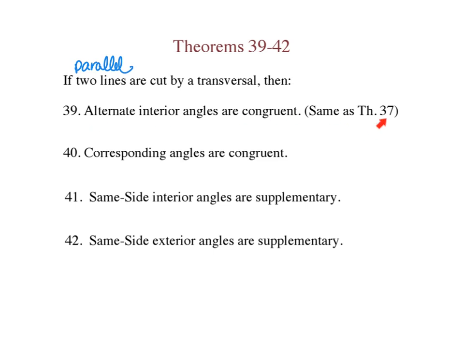I don't know why, but our book calls theorem 37 the exact same thing as theorem 39. If parallel lines are cut by a transversal, then corresponding angles are congruent. If parallel lines are cut by a transversal, same side interior angles are supplementary. And finally, if 2 parallel lines are cut by a transversal, then same side exterior angles are supplementary.